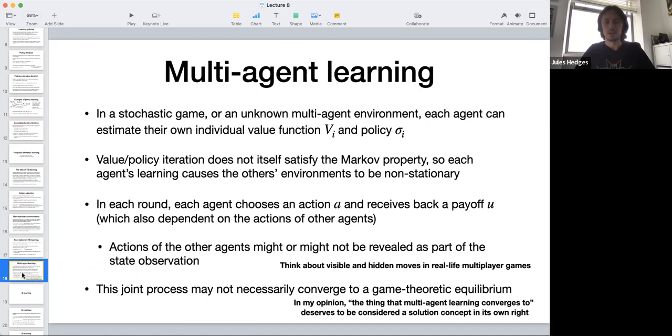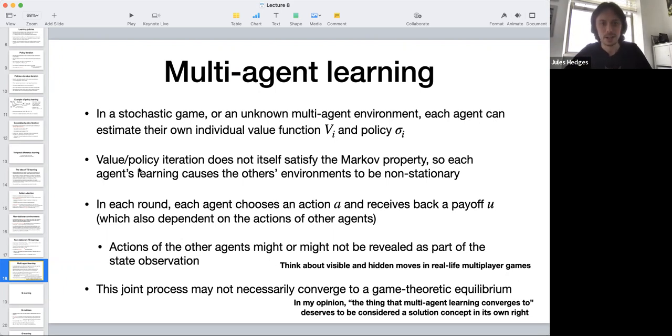Okay, let's talk a bit more about multi-agent learning, multi-agent reinforcement learning. In a stochastic game, or more generally, if we have a multi-agent setting with an unknown environment, each agent can estimate their own individual copy of the value function, giving the value of just that agent's payoffs, and they could also learn their own individual policy.